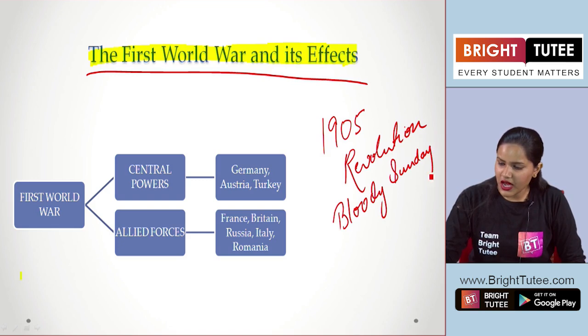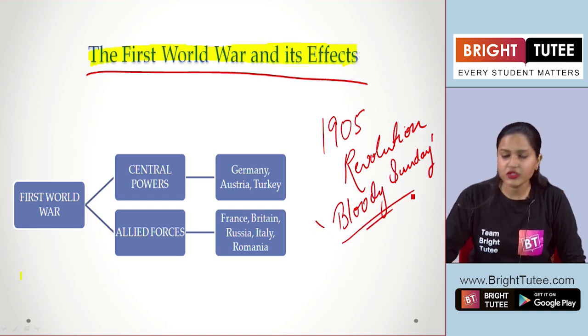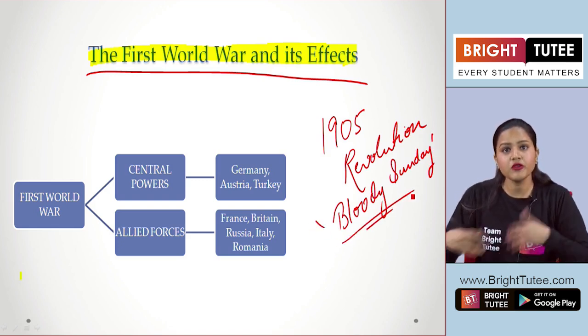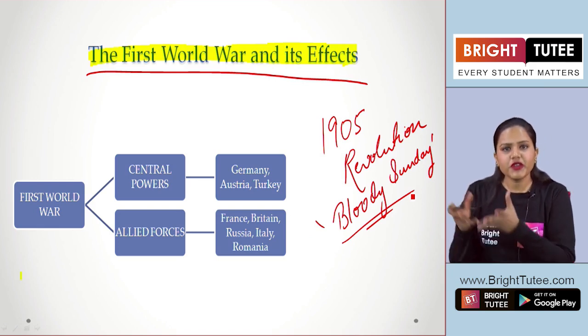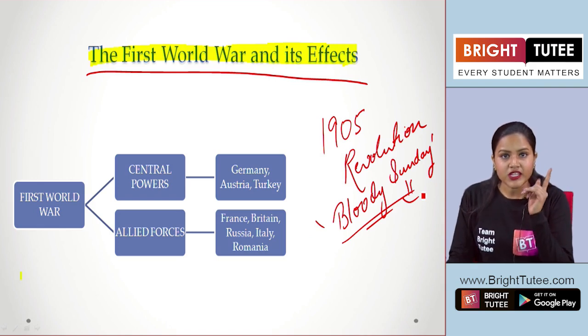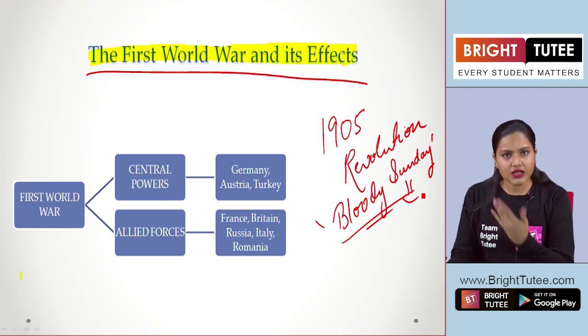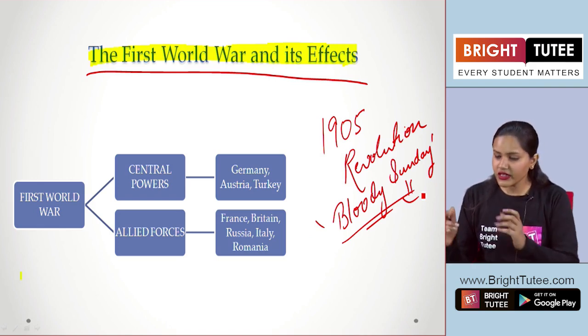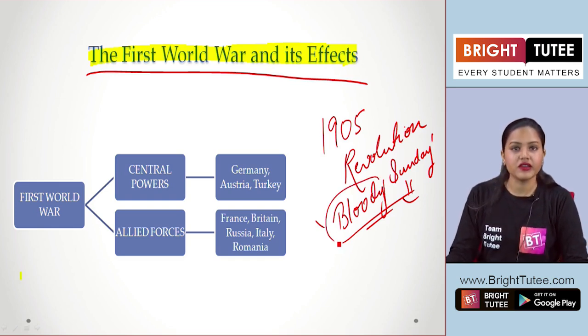Now if anyone asks you why it was known as Bloody Sunday, how are you going to explain that? You are going to explain that the event took place on 22nd January, which was a Sunday, and it turned out to be a bloody event. Why?